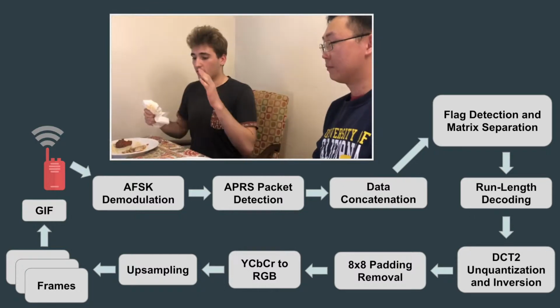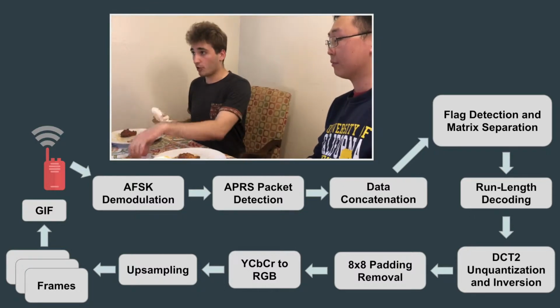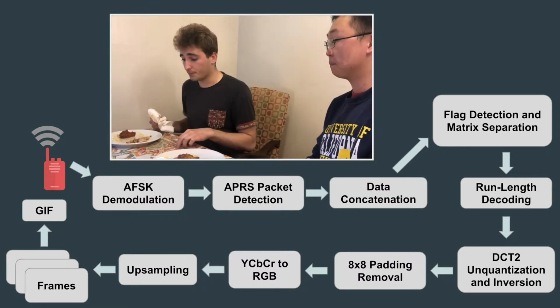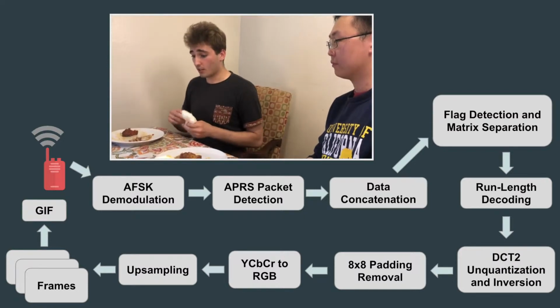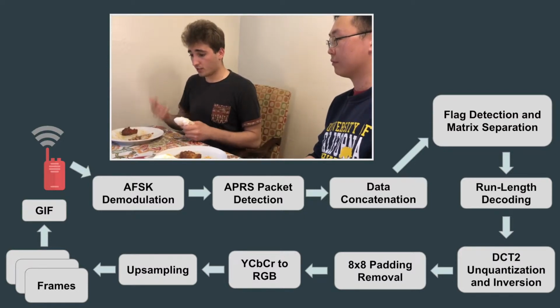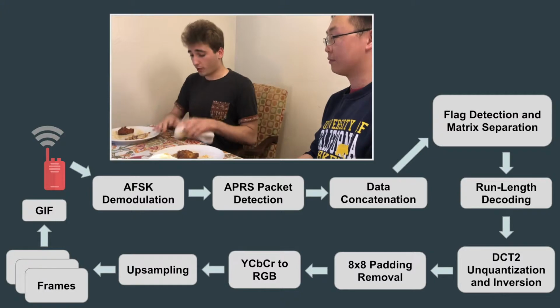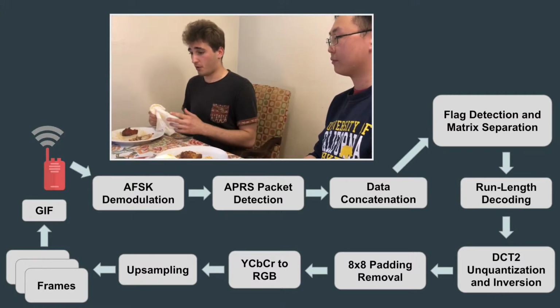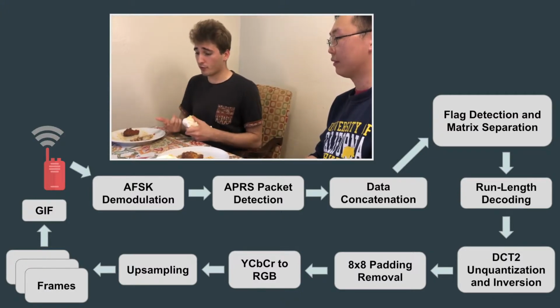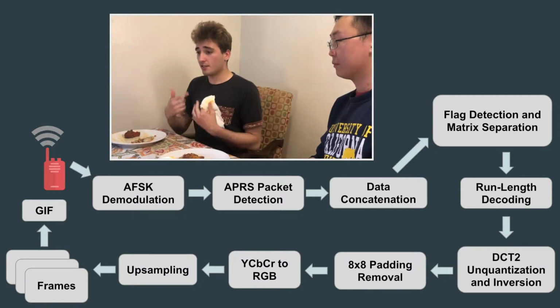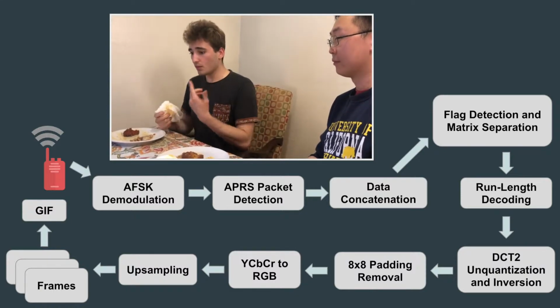That way, we can get all the information for each frame of the video separately. Then we can do the lossless decompression of the run-length encoded versions of those frames. And after that, reinterpolate the DCT information so that we can convert back to RGB.